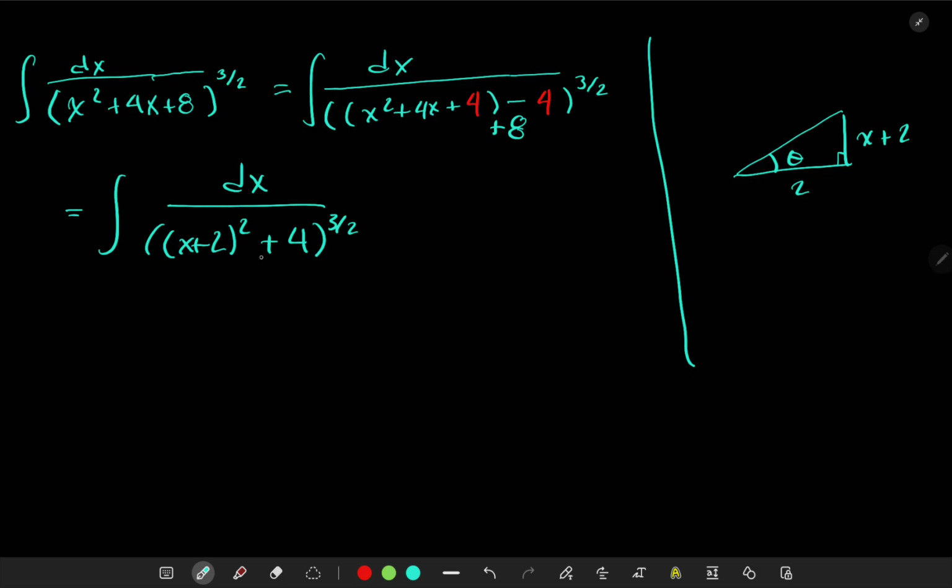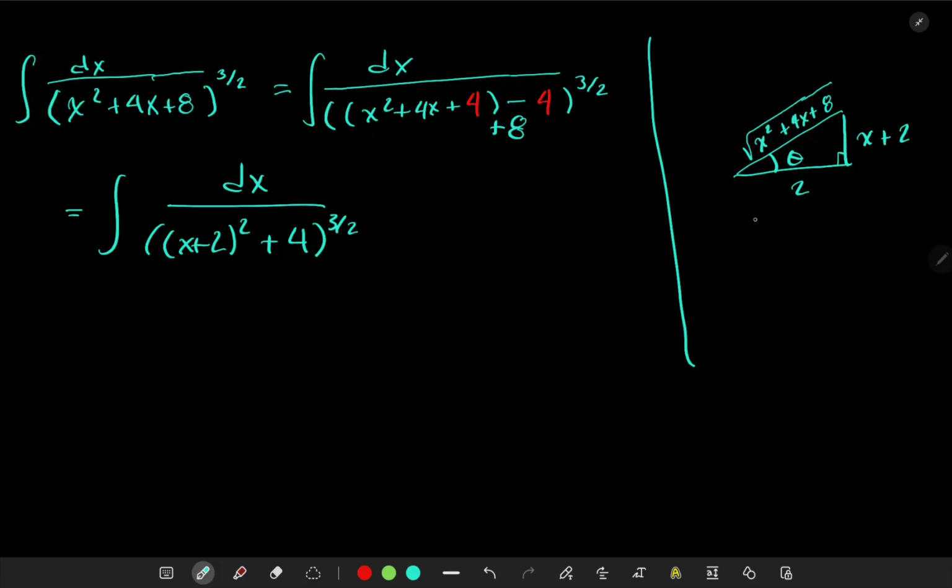Again, since it's plus, you know that your hypotenuse is over here. The hypotenuse will be the square root of this function that is inside. But that just boils down to, you can FOIL it out and write it as x squared plus 4x plus 8. That's going to be your hypotenuse right there.